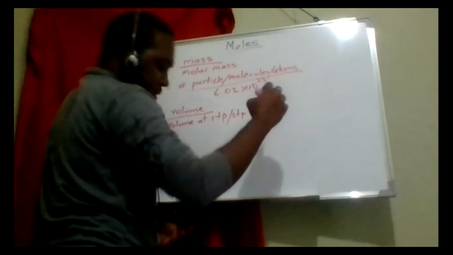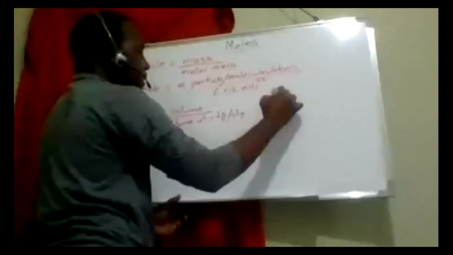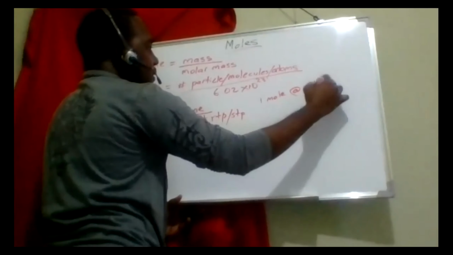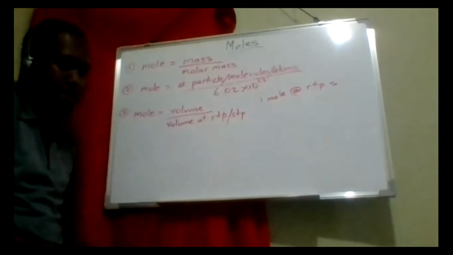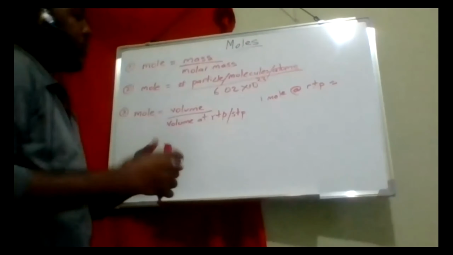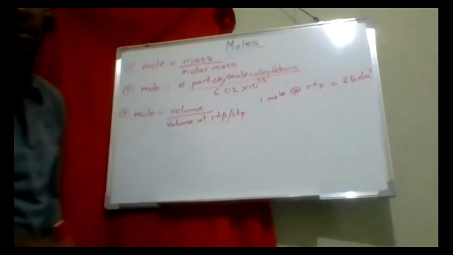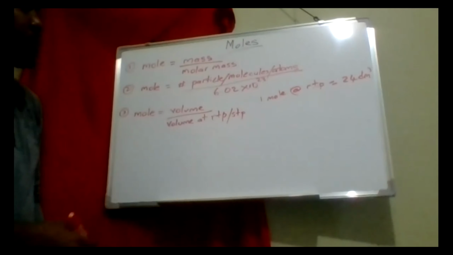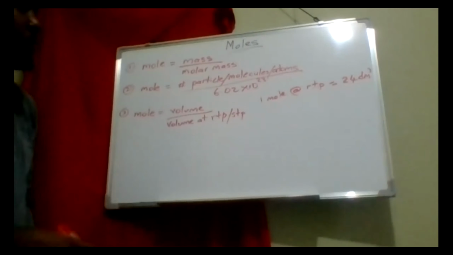So 1 mole of any gas at RTP has a volume of 24 dm cubed. If we want to change it to cm cubed, it would be 24,000 cm cubed.